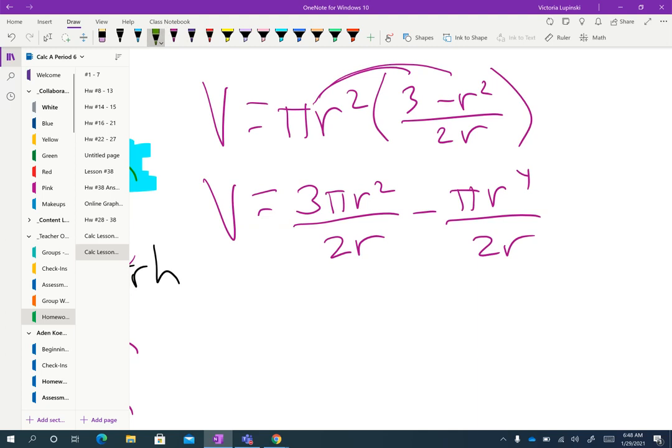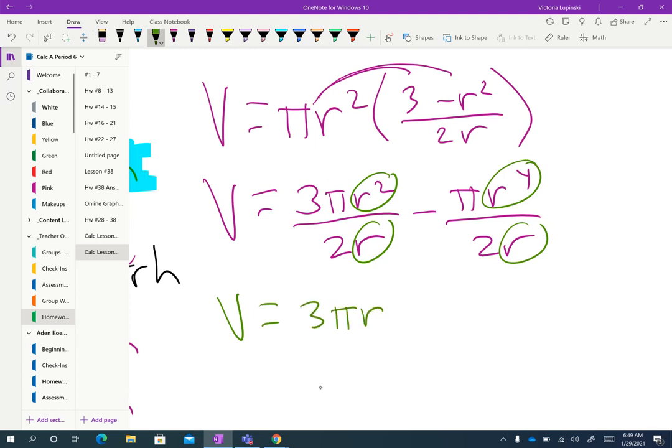Then from here, I'm going to reduce a little bit. Notice that I can reduce one pair of r's in the first expression, and a pair of r's in the second expression. So now a simplified version is 3 pi r over 2 minus pi r cubed over 2.